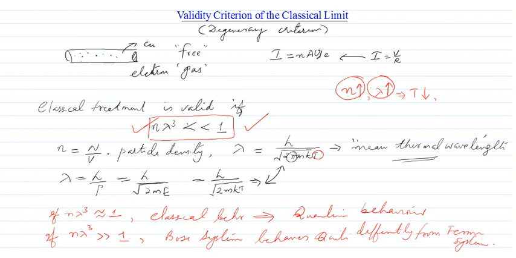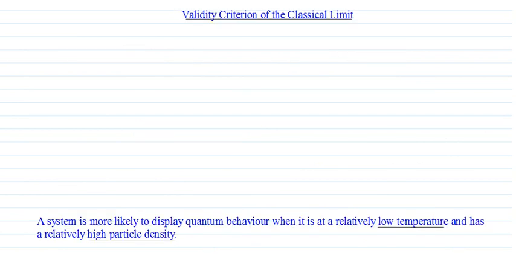Or to conclude here, the validity criterion, this is what you can remember. The quantum behavior is appreciable when n lambda cube is very much greater than 1.